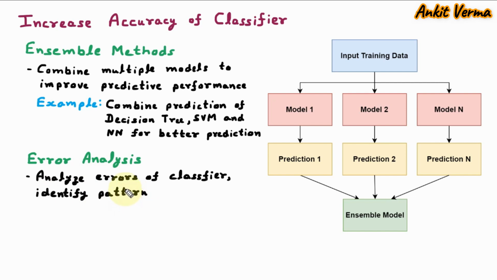Means for which input our model is not performing well and what are the drawbacks for some specific input, and make improvement. So from these patterns, we have to retrain the model and we have to provide the improvements. So here we analyze the errors, then we find the pattern and we make the improvement in model.